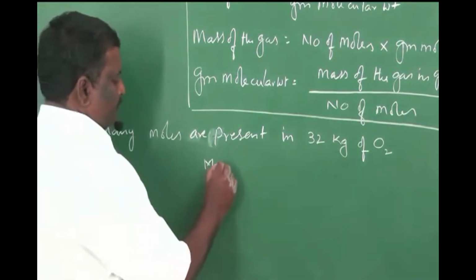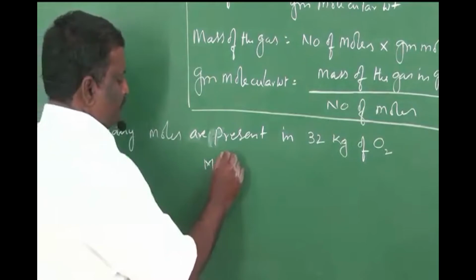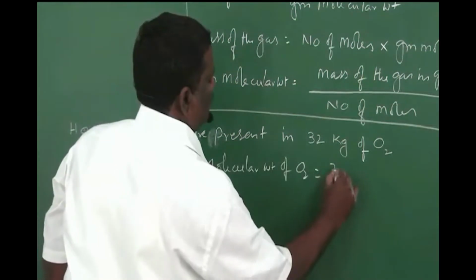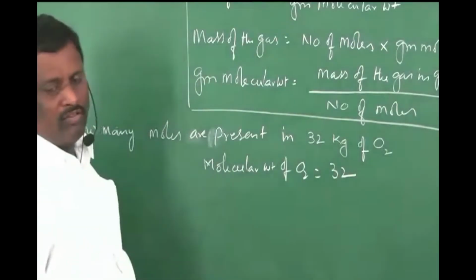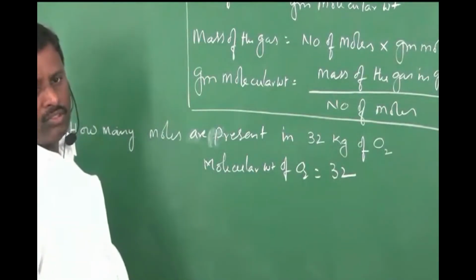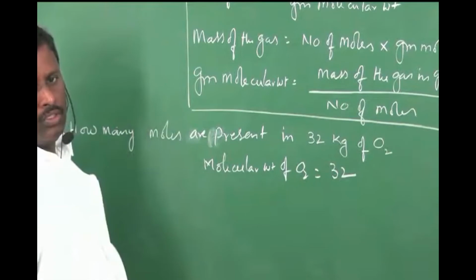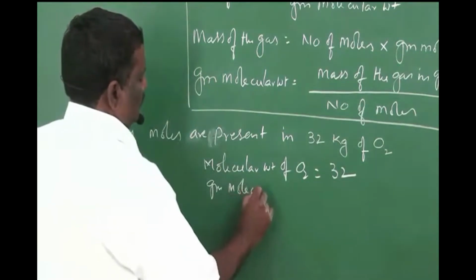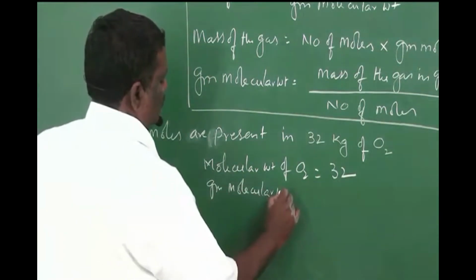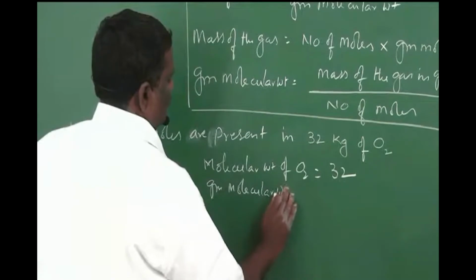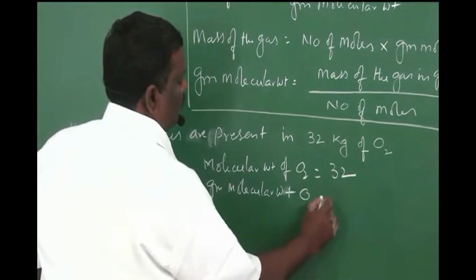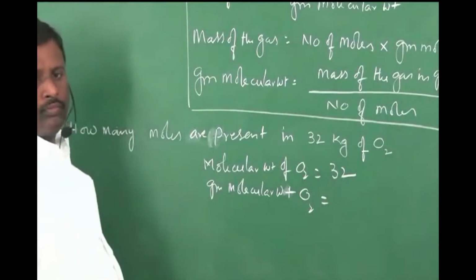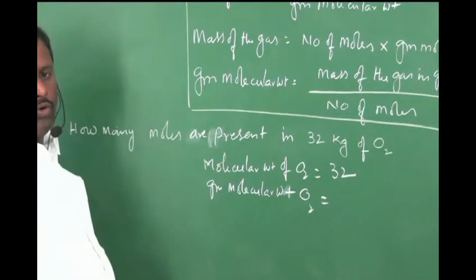Molecular weight of oxygen is 32. So, automatically, what is its gram molecular weight? What is the gram molecular weight of O2?